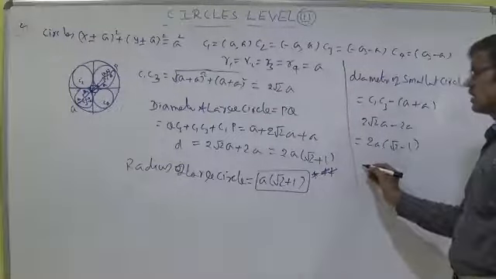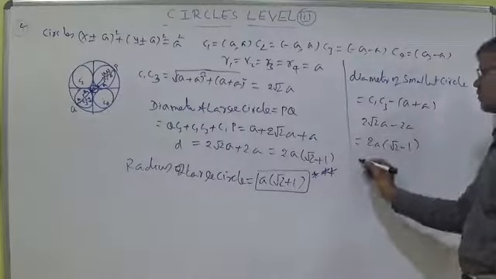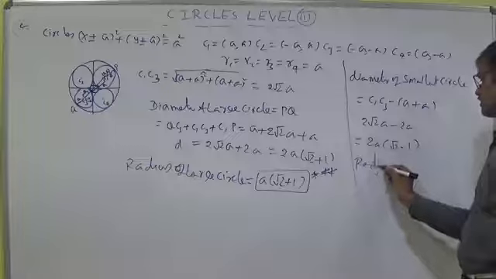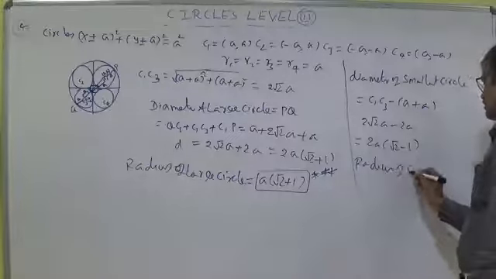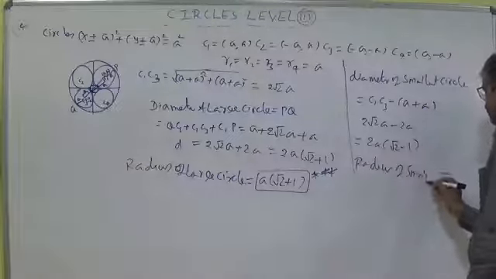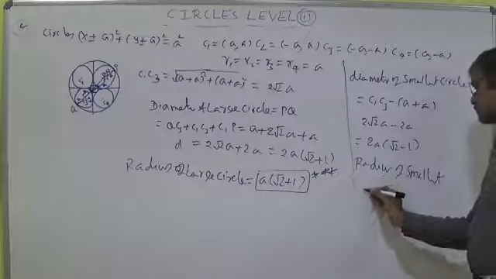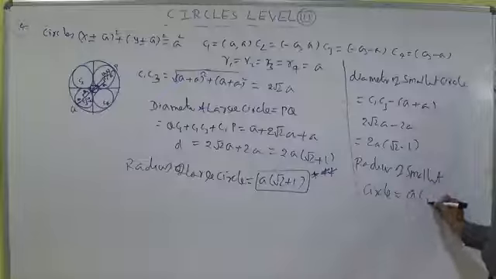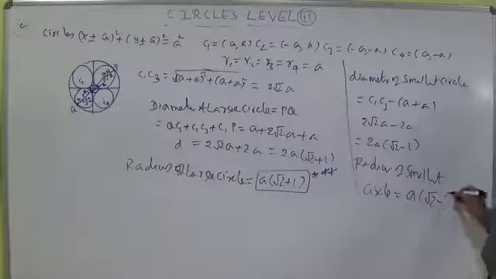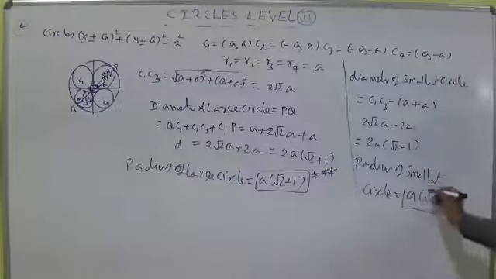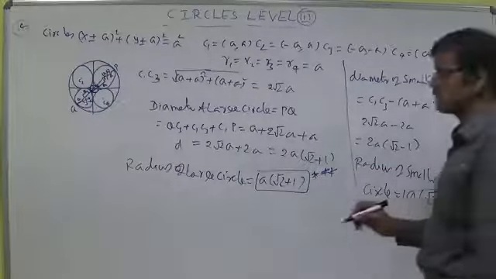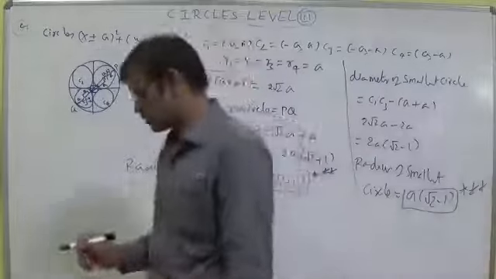Now the radius of the smallest circle is diameter by 2, so you can write A into root 2 minus 1. Put a star here also. Don't forget, students, this is most important in many concepts.